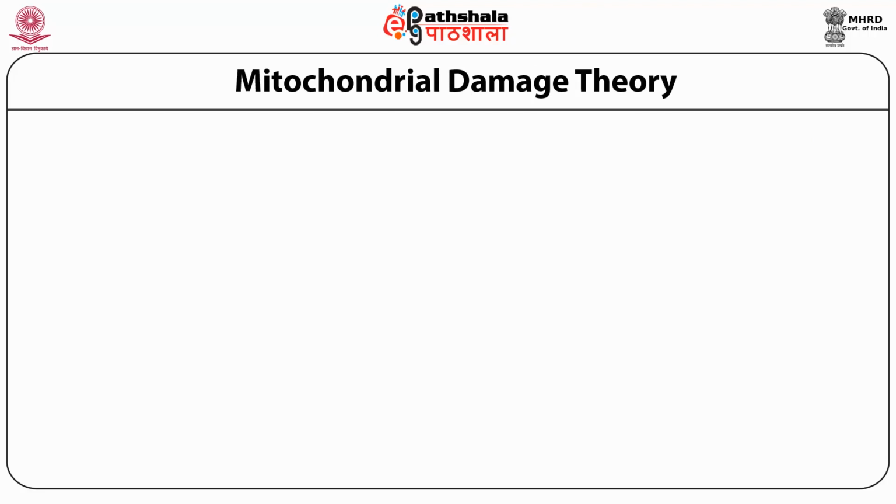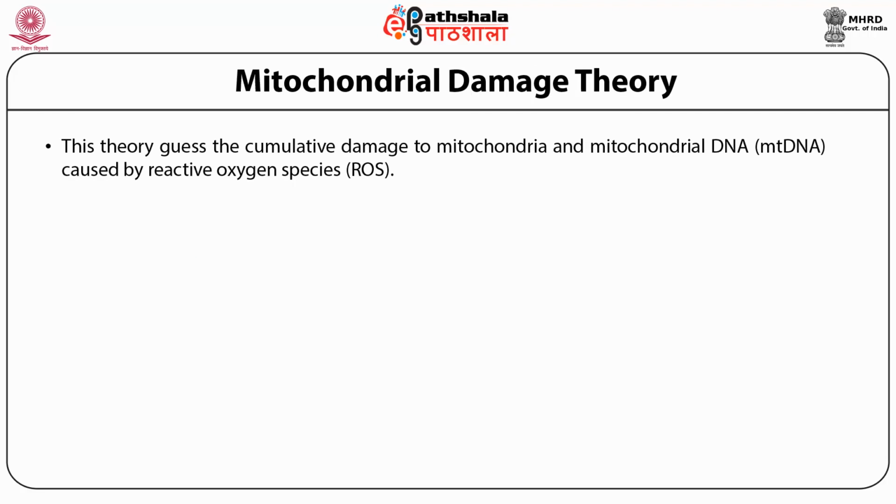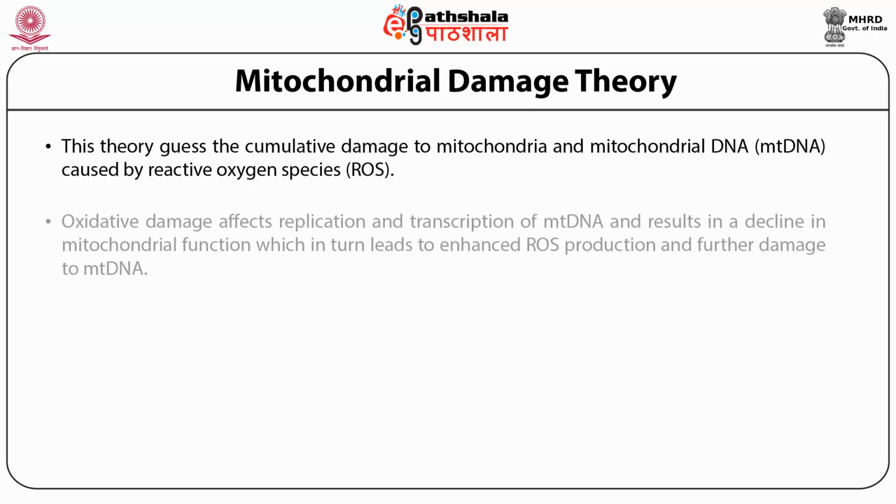Mitochondrial damage theory. This theory suggests cumulative damage to mitochondria and mitochondrial DNA caused by reactive oxygen species. Oxidative damage affects replication and transcription of mitochondrial DNA and results in a decline in mitochondrial function, which in turn leads to enhanced ROS, that is, reactive oxygen species production, and further damage to mitochondrial DNA.